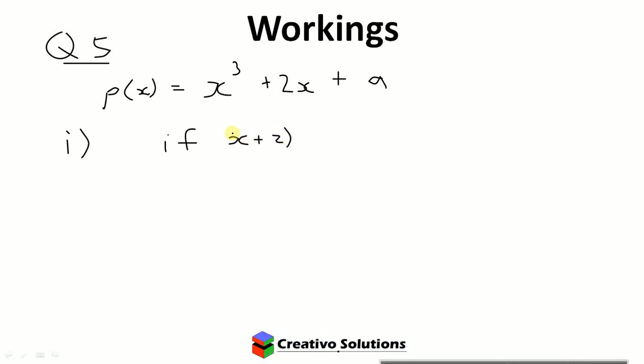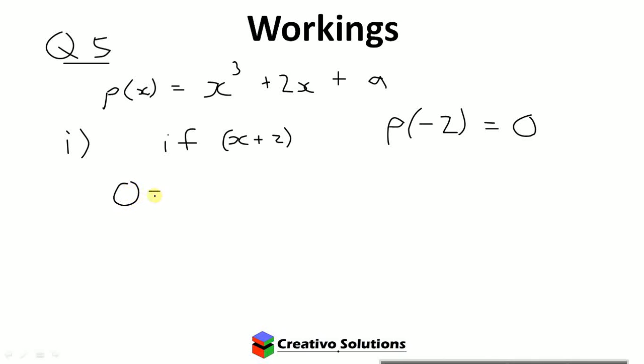Well, then we know that P of minus 2 is going to give you what? 0, because it's a factor. If you substitute the minus 2, you'll get 0. So let's write that down.